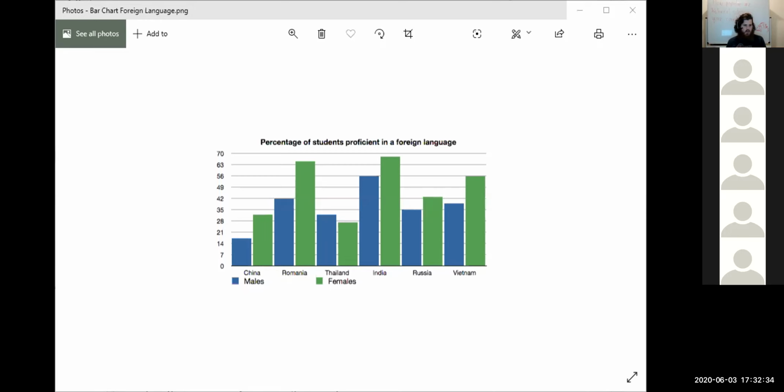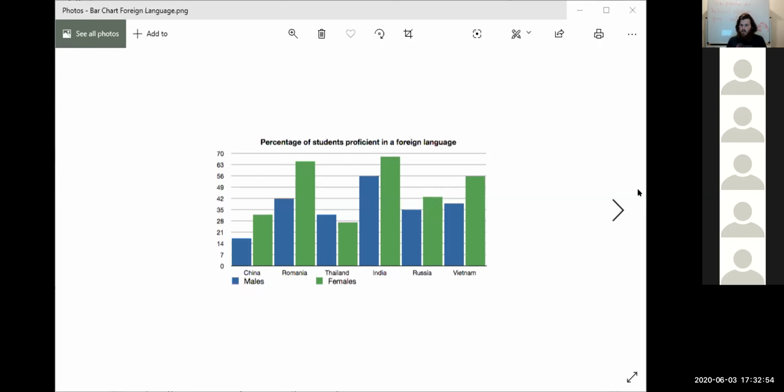I would say the percentage of students, try to paraphrase the title, then, say there are 6 countries, is that right? And then they are divided by 2 in gender, male and female. Great.